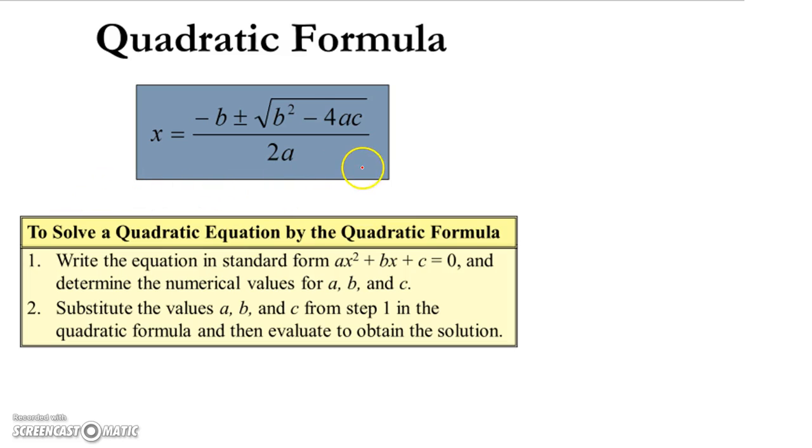And this, by the way, doesn't come about magically. If you take any quadratic equation in standard form, ax squared plus bx plus c equals 0, and you actually do the completing the square technique to this equation, that is how you derive this formula.